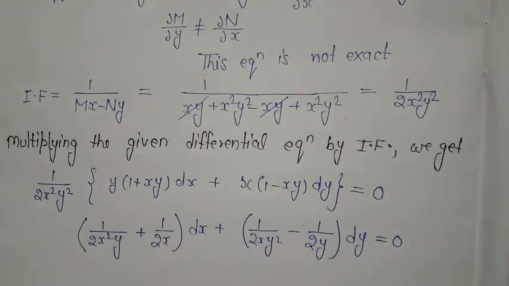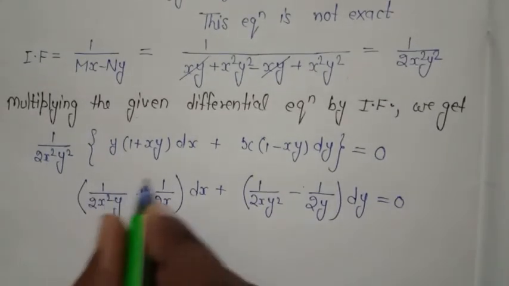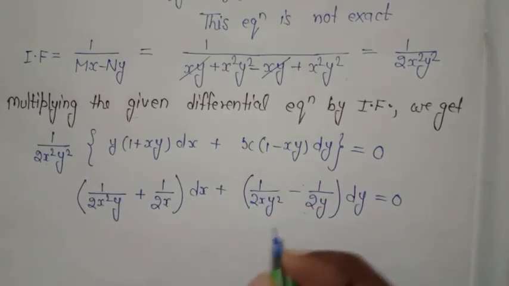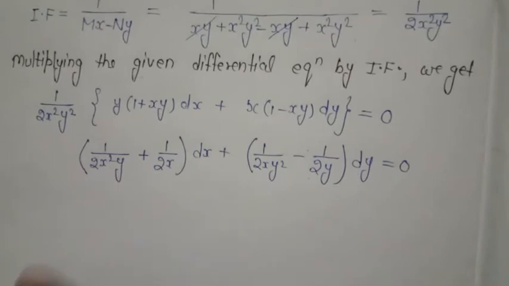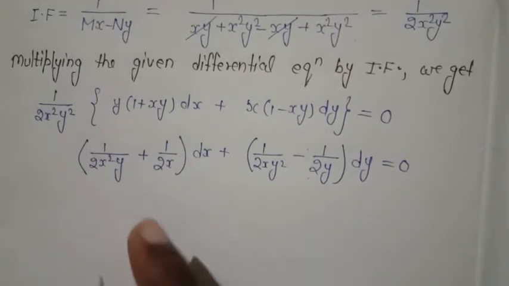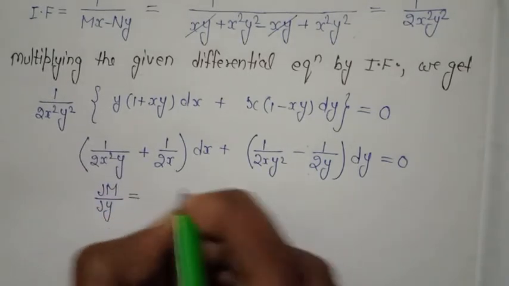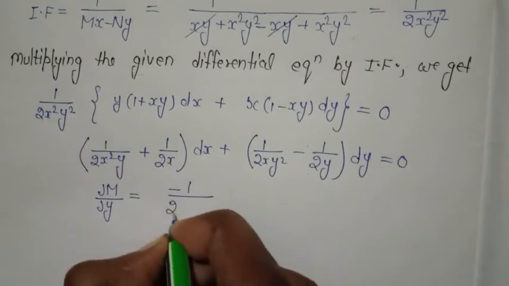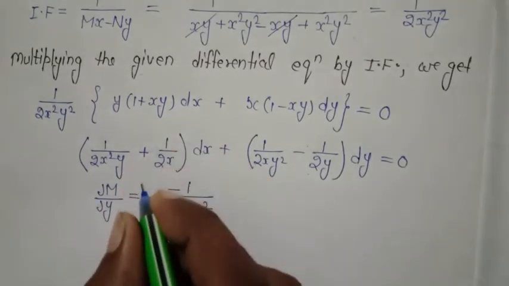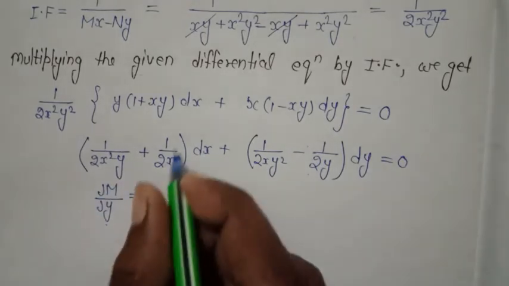Now the new M1 is found as this and the new N is here. So I am going to check the condition of exactness, that is, whether ∂M/∂y is equal to ∂N/∂x or not. If we calculate ∂M/∂y, then that is equal to minus 1 upon 2x squared y squared. Here this term becomes 0 because we are taking the partial derivative with respect to y, so there are no terms of y.